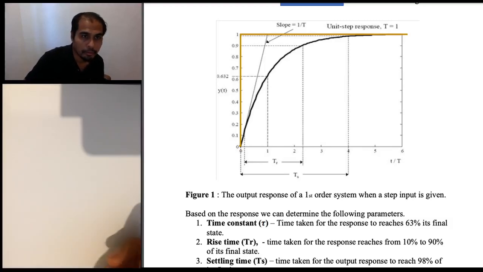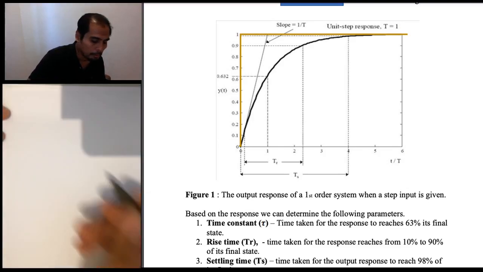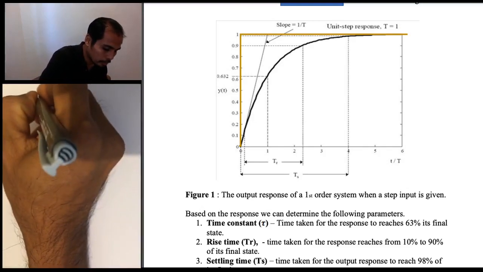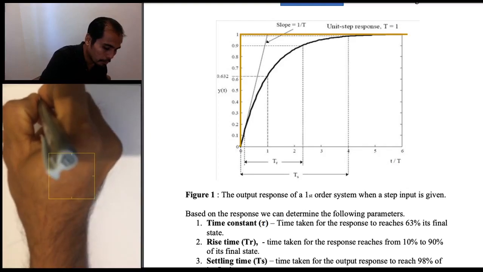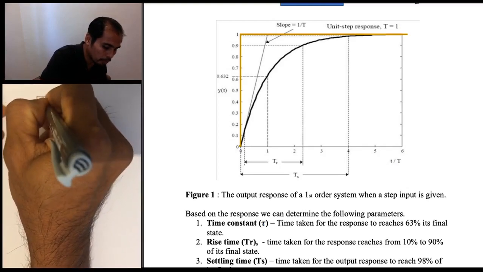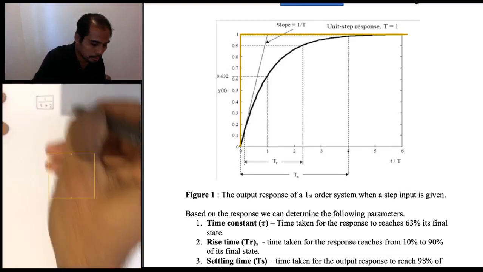Okay, let's continue first order system with another example. Let's say we have a system 1 over s plus 2, right?